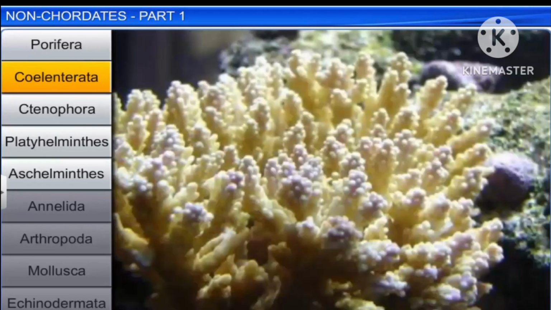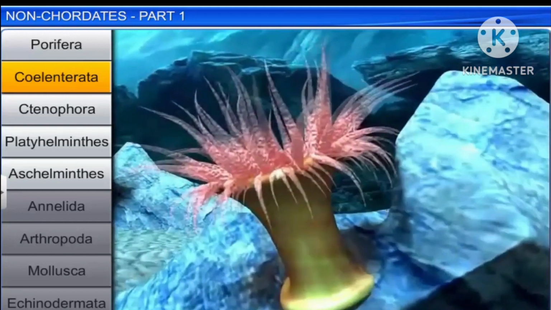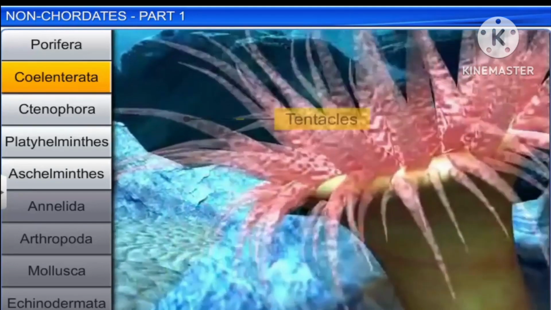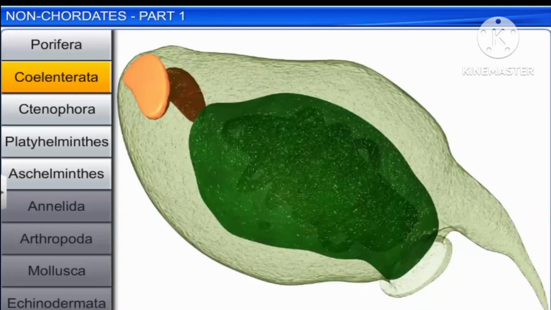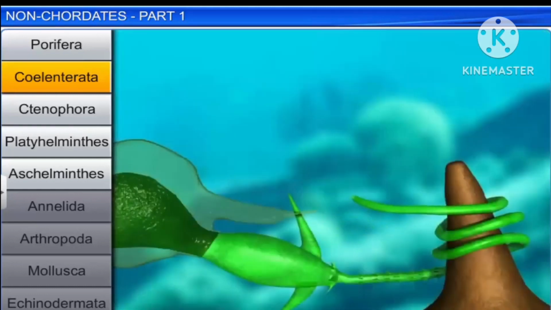Some coelenterates, like corals, have a skeletal structure made of calcium carbonate. Coelenterates have cnidoblasts on their tentacles and body, and hence this phylum is also known as Cnidaria. Cnidoblasts are used for anchorage, defense, and to capture prey.